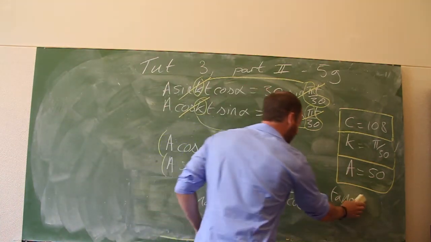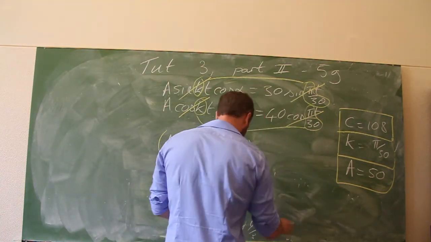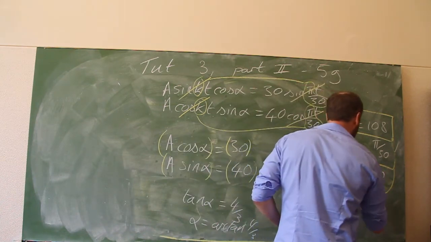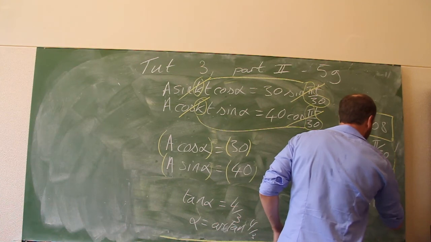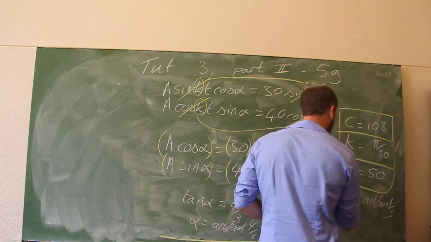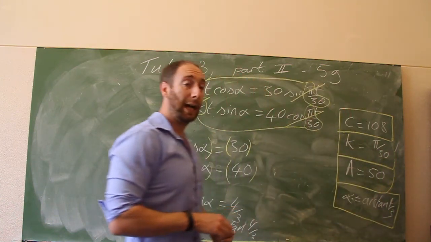So let's write that here. Alpha equals arctan 4/3. And now what can we do?